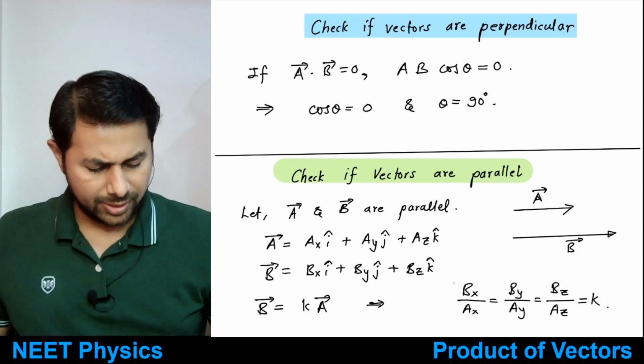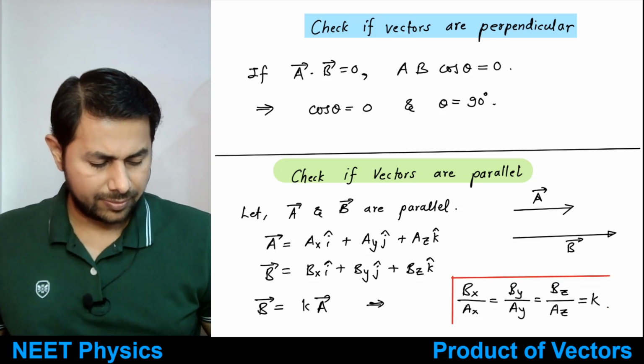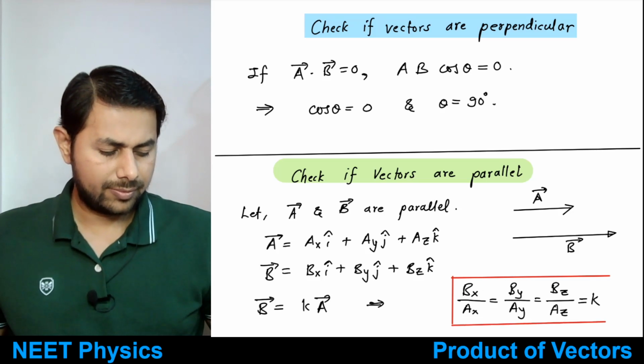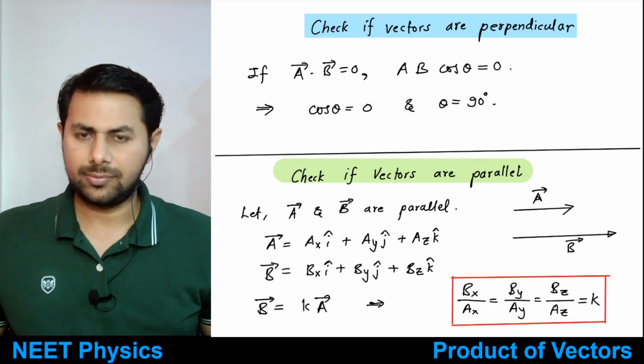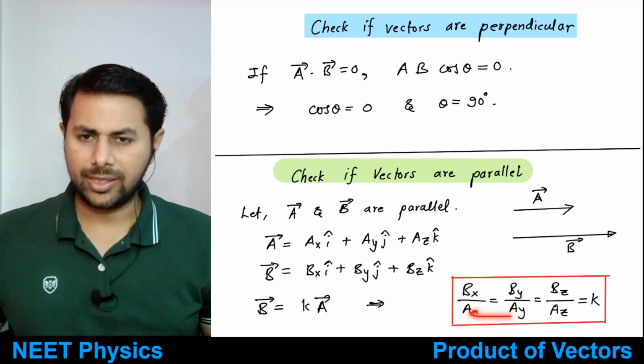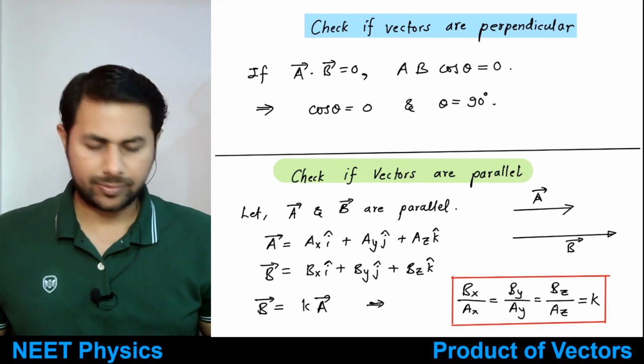Okay, this is clear, everyone? Right? So this is how we can check whether two vectors are parallel or not.